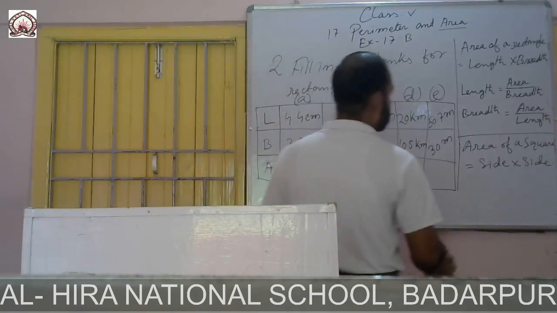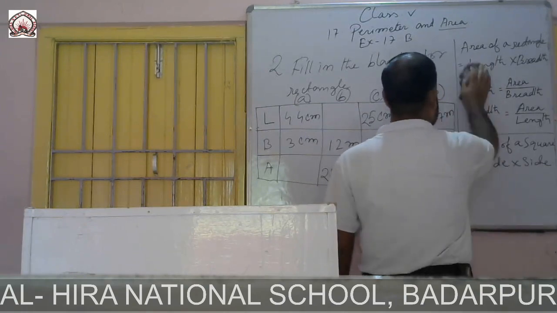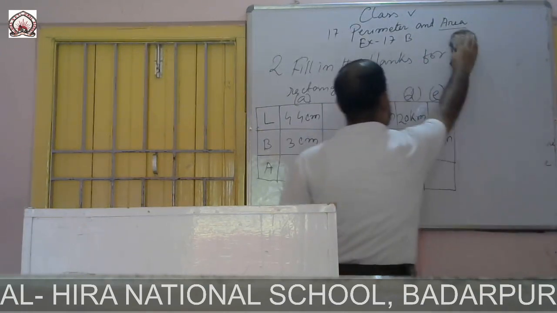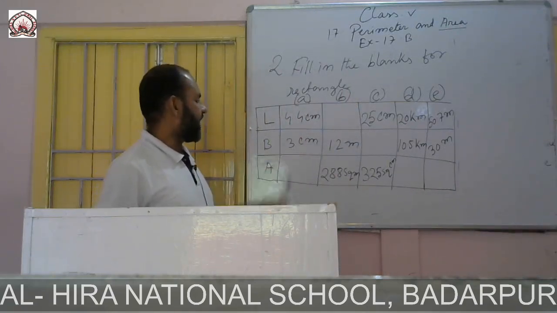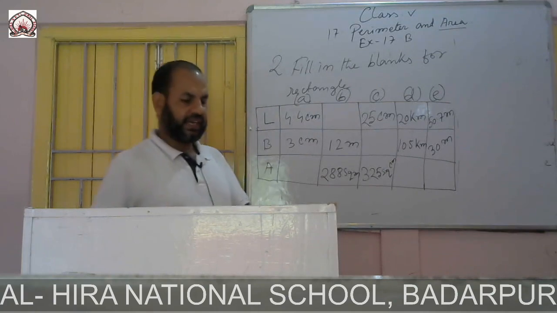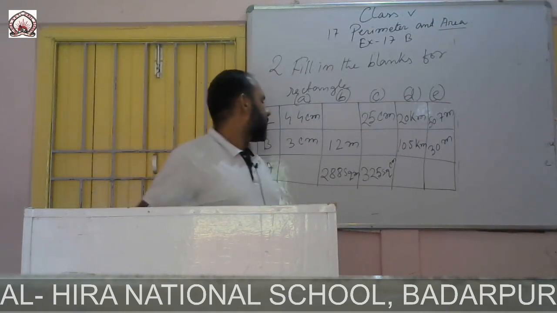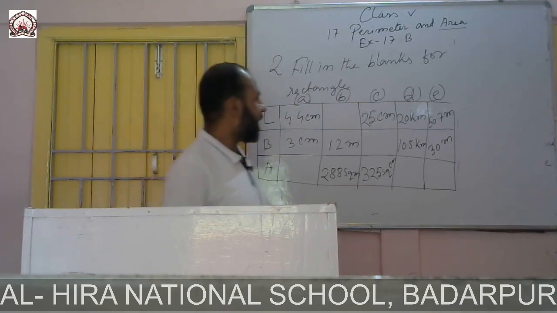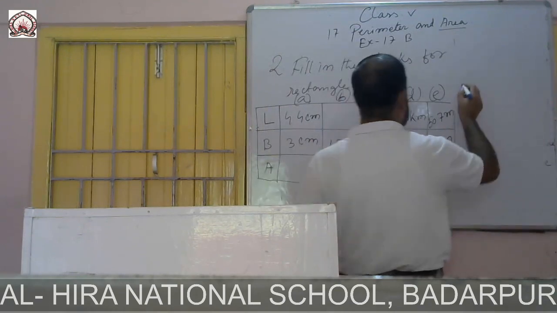So here we take out the area of a rectangle. Area of a rectangle equals length into breadth.